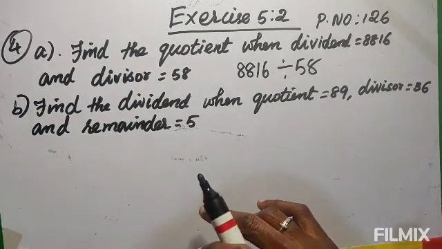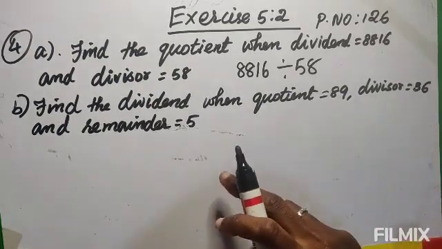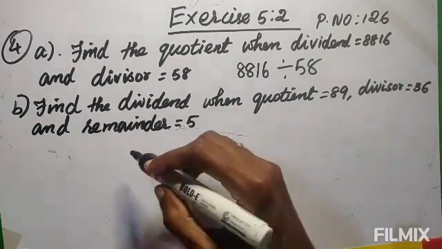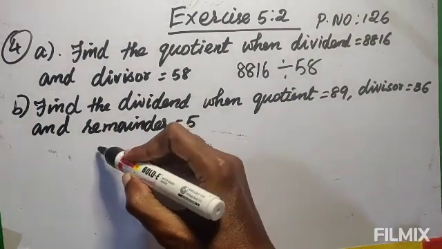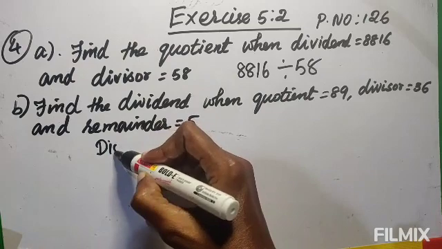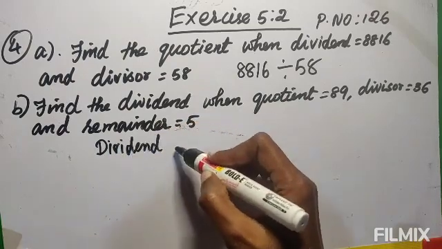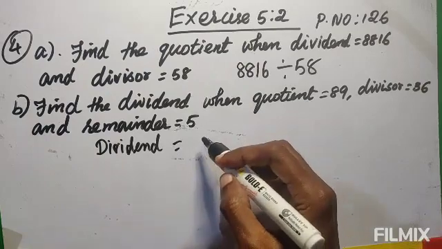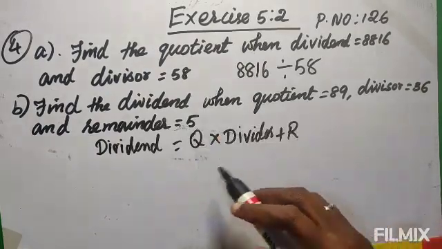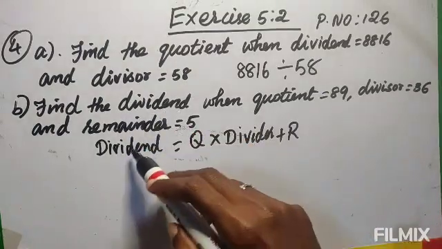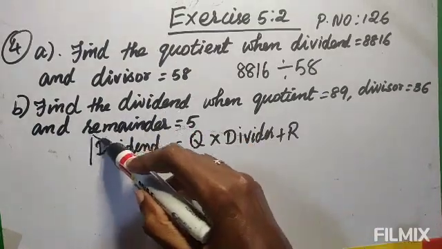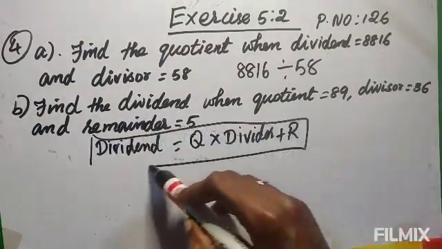Find the dividend when quotient equal to 89, divisor equal to 36 and remainder equal to 5. So here you have to use the formula: dividend equal to quotient into divisor plus remainder. We have to find the dividend, so we will use this formula. This formula you have to write and follow.